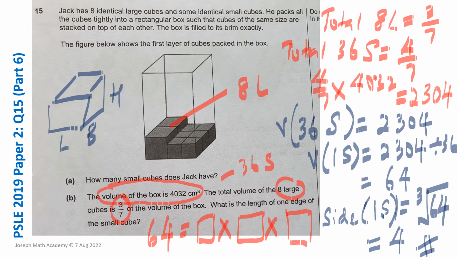The only way to be identical is 4 times 4 times 4. This is the length, this is the breadth, and this is the height of the cube. Okay, 15b is done, and the entire question 15 is completed.